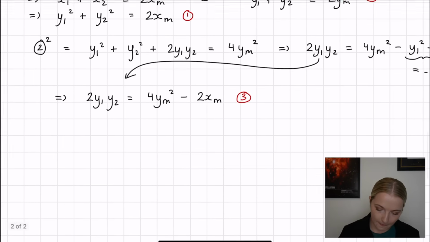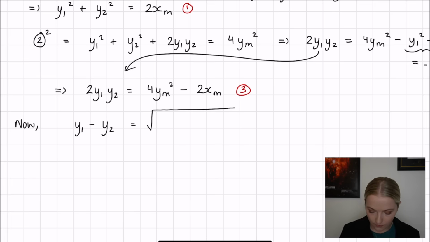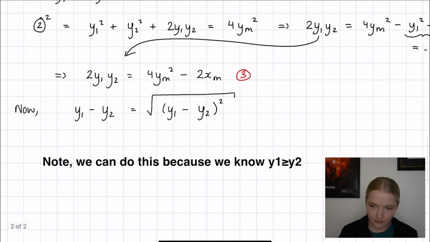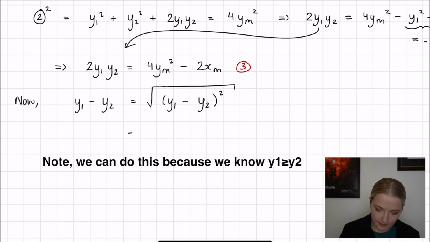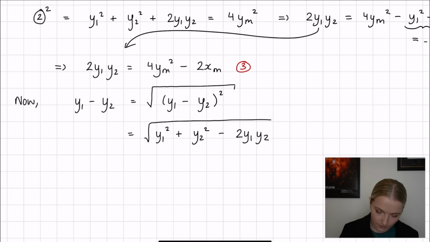Now what we can say is y1 minus y2 is nothing other than the square root of y1 minus y2 squared. It's a really nice little trick. And if we expand this out, we'd have y1 squared plus y2 squared minus 2y1 y2, all square root.